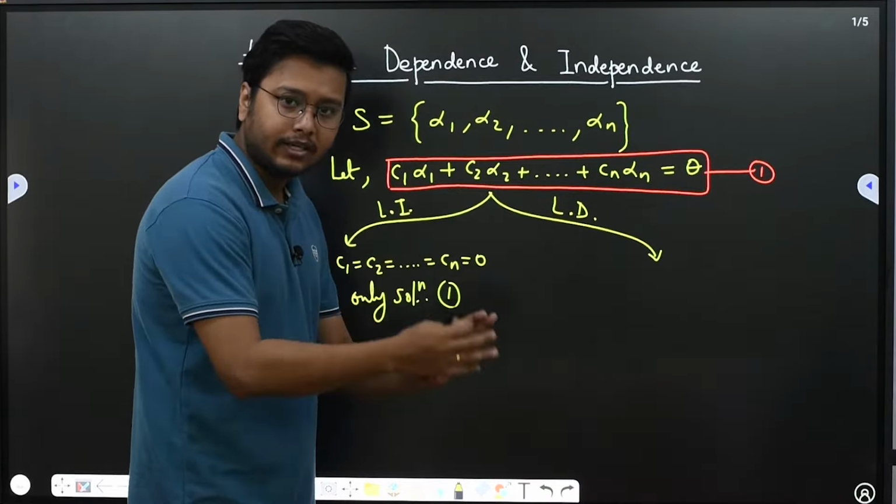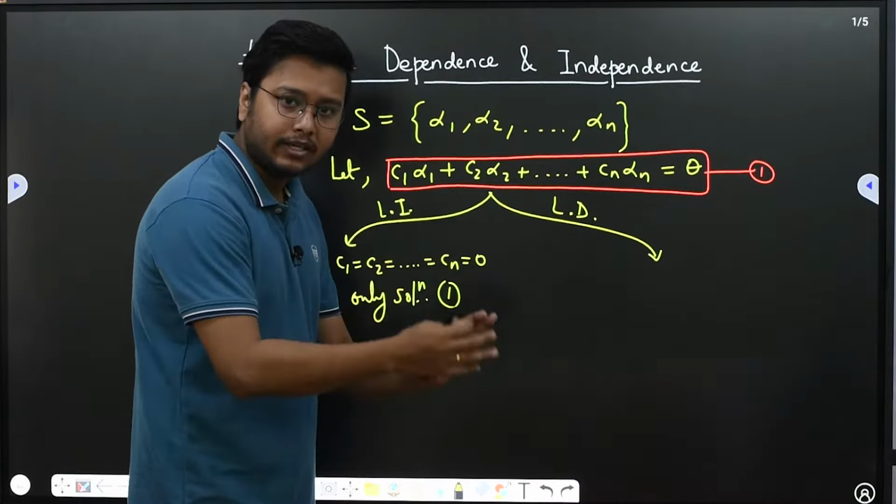That means if I have a set S and this set is linearly dependent, then superset means if I increase the size of the set, if this is the set T, then T is a superset of S, and T also has to be linearly dependent. So if I increase the size of the set containing the previous one, then the set is going to remain linearly dependent.